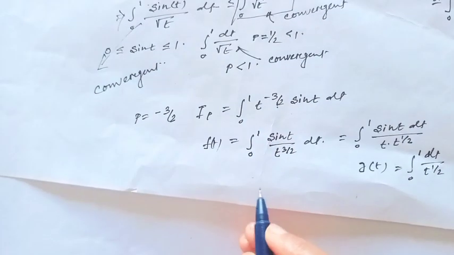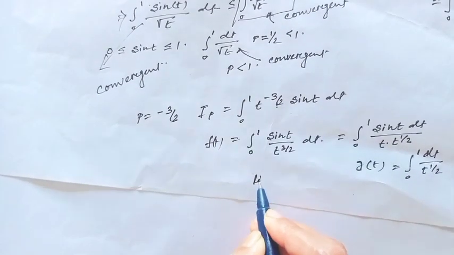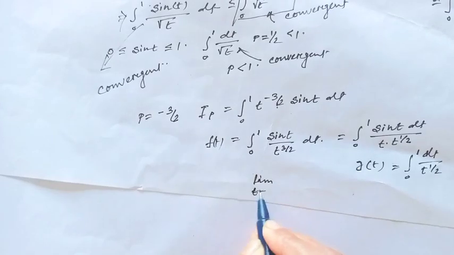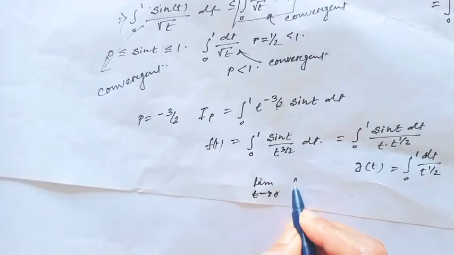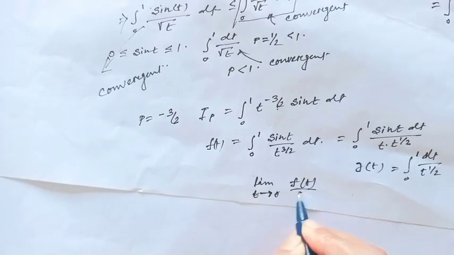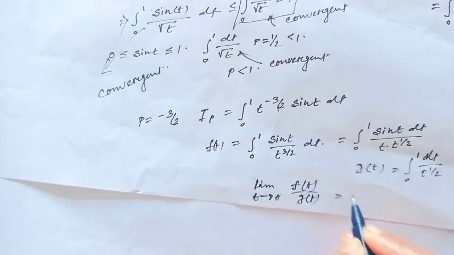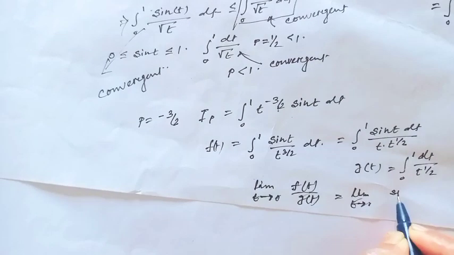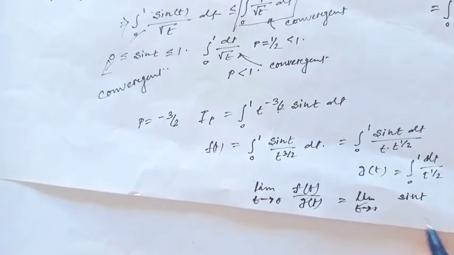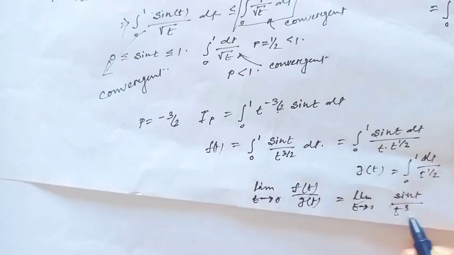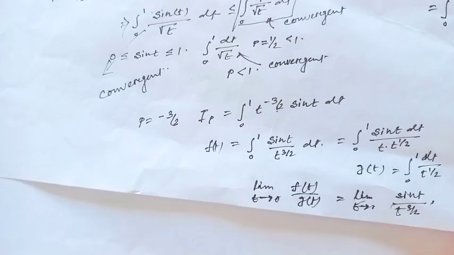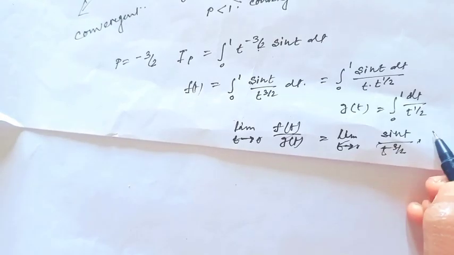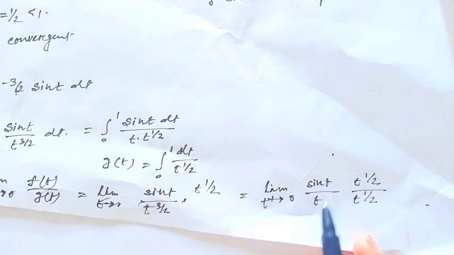Since this has an infinite discontinuity at the point 0, limit as t goes to 0 of f(t) over g(t) is equal to limit as t goes to 0 of sin t over t to the power 3 over 2, times t to the power half, which equals limit as t goes to 0 of sin t over t.